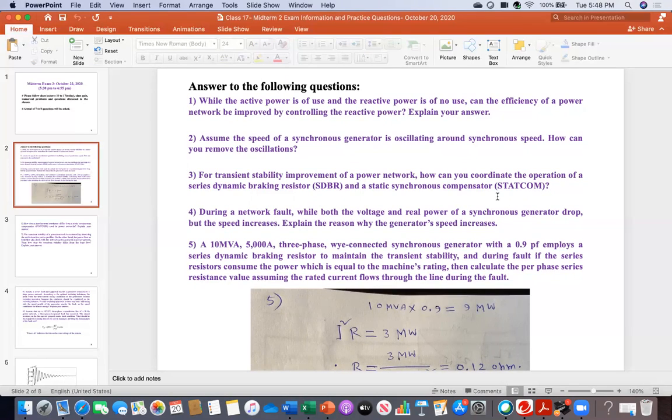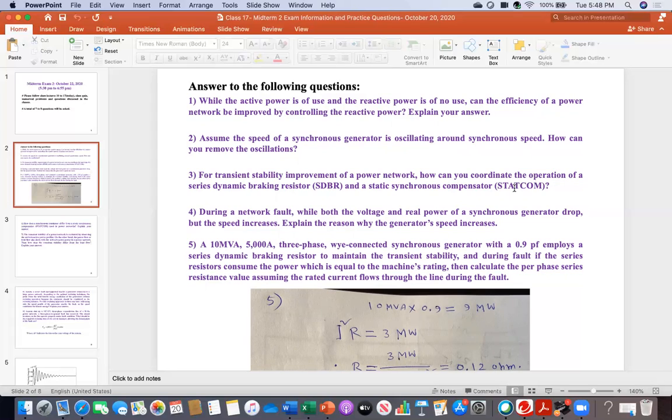That statement is right. But you see, this is a series device, connected in series, and the STATCOM is a parallel connected device. For example, the braking resistor that we learned in class is mostly parallel connected, unless it is specified as a series dynamic braking resistor.